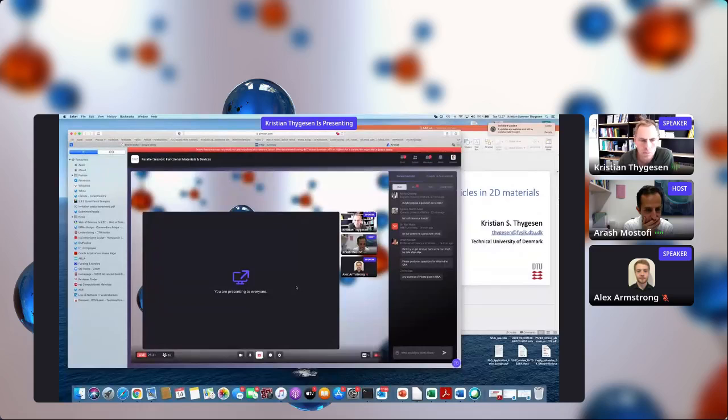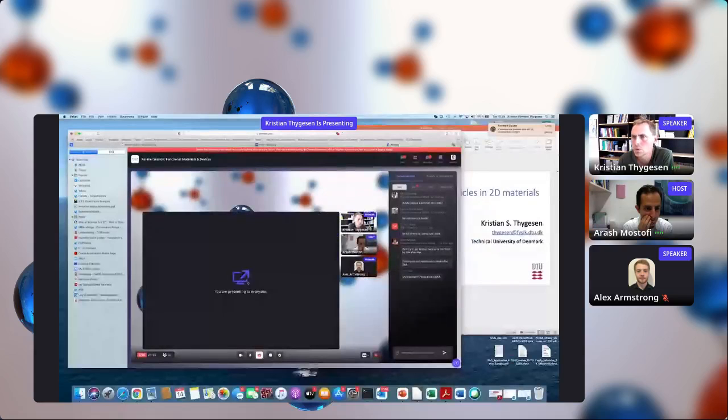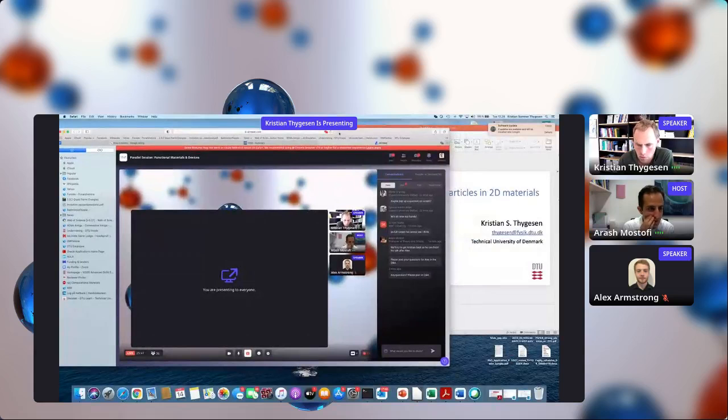So now it might not be working because it doesn't work with Safari. It doesn't really give me any options to choose which window I want to show. When you share screen, it should give you options for the window. I think if you save the PowerPoint as a PDF, you can just share it as a PDF. Okay, let me try that.